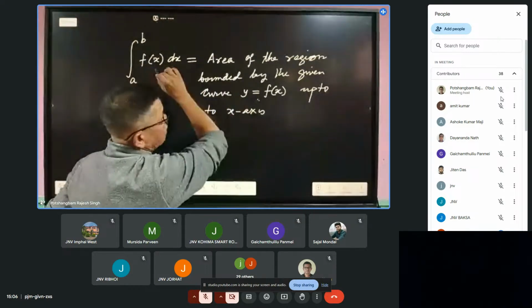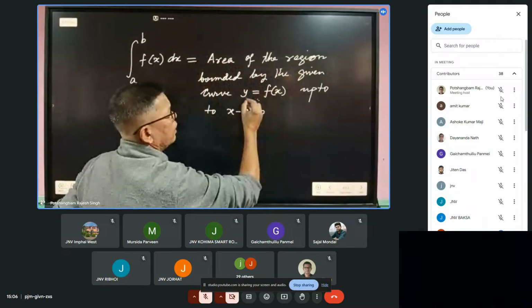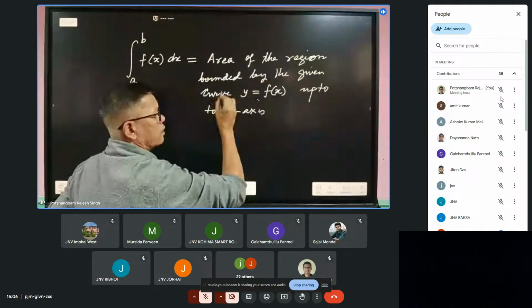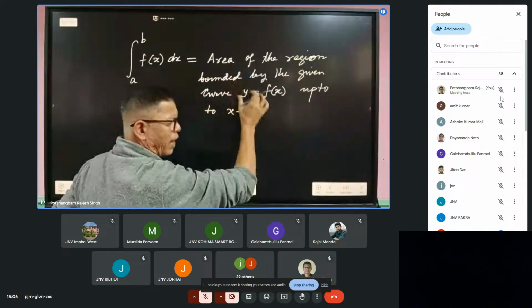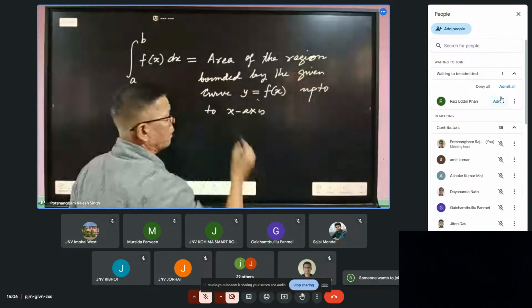This definition represents the area of the region bounded by the given curve, represented by the equation for the time being. This curve may be a line, a parabola, a circle, whatever the curve may be.